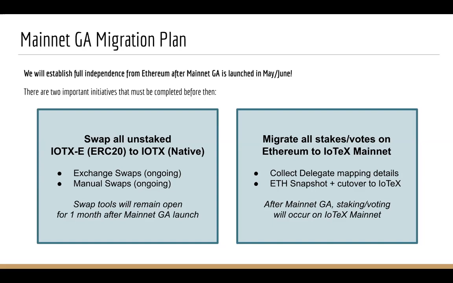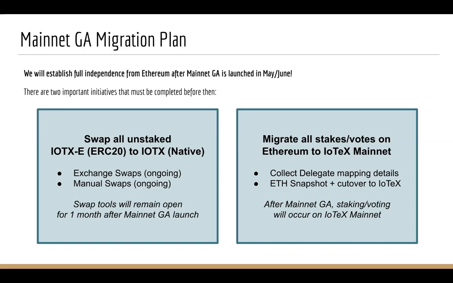One thing that we need to do before all these Mainnet GA activities is the migration of stakes and votes on Ethereum to IoTeX mainnet. One of the things we need to do is collect some mapping details about you. There are some default settings regarding where your votes will be mapped, but if you want to change that due to some considerations, we'll review on the next slide.